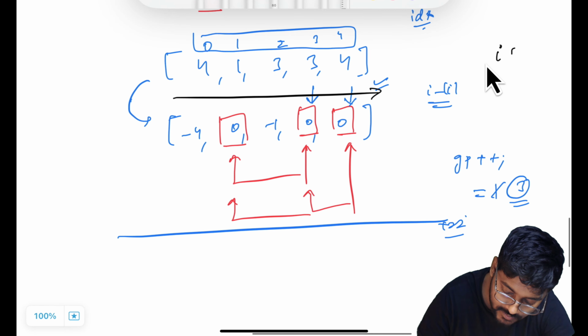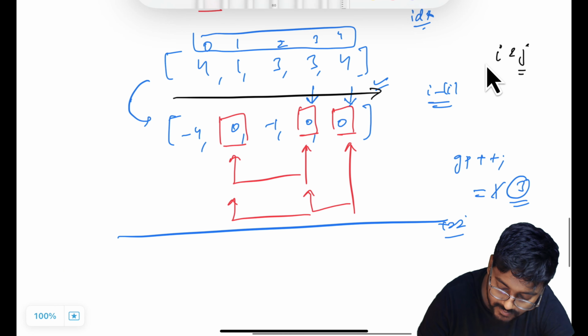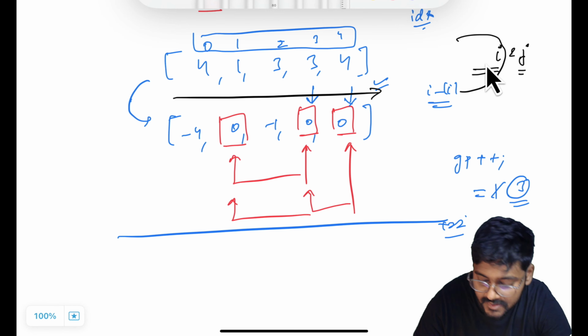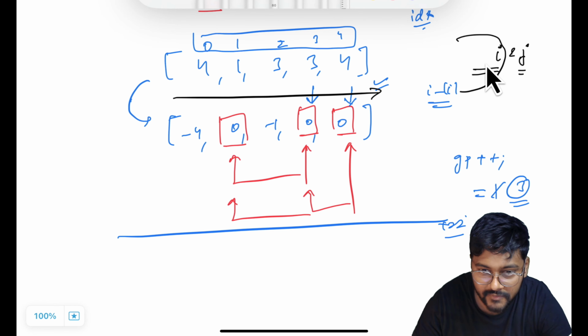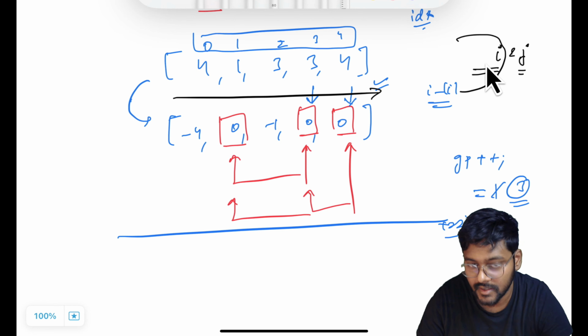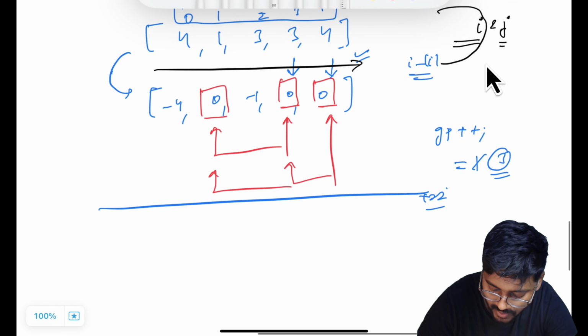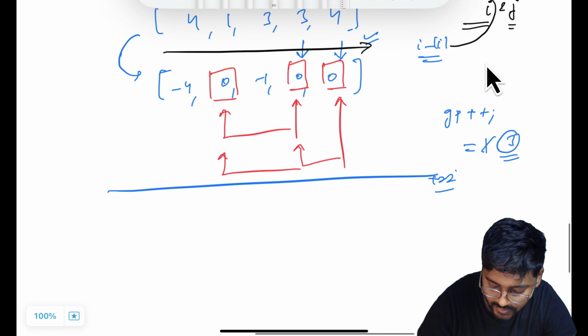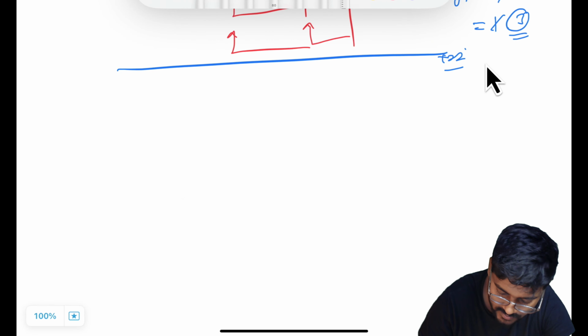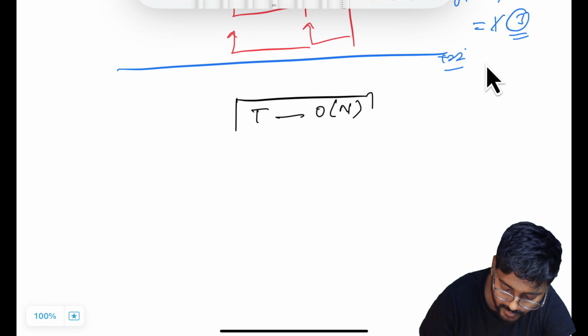Because j is always greater than I. For every j, if we want to have a pair, we need to know the pair with the previous indices. Those previous indices we can cover while we are iterating over the array. So we are going to visit every element only once, so the time complexity of this approach is going to be order of n.